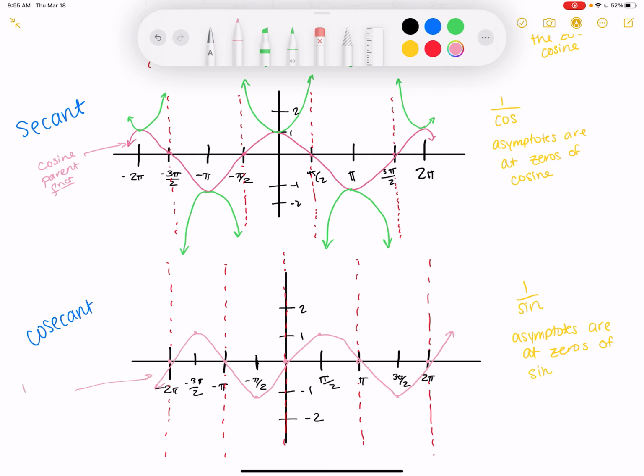That looks just awful, so we're going to try that again. Sine parent function. Okay, so cosecant is going to basically look the exact same as secant. It just now is on the humps of sine rather than cosine.